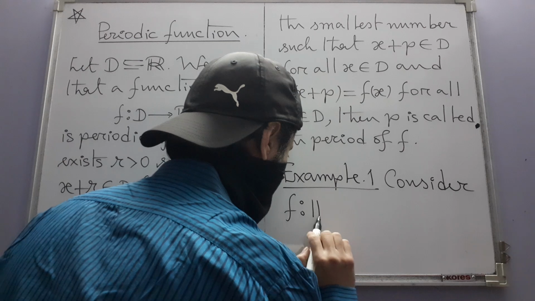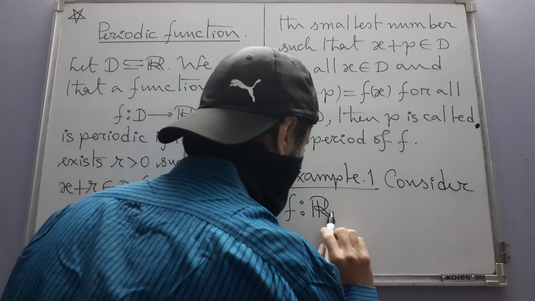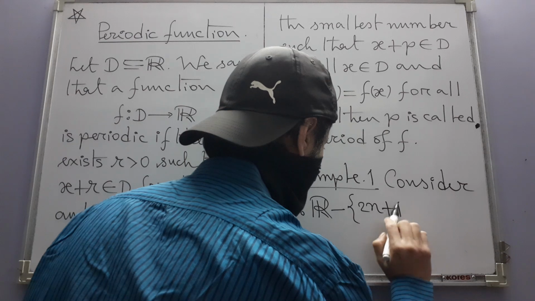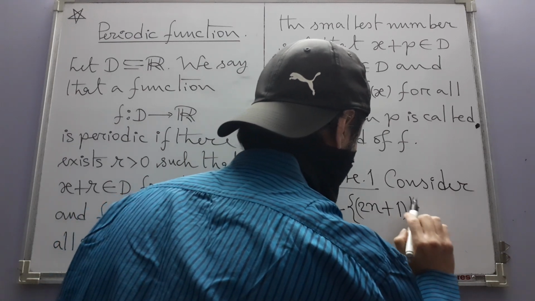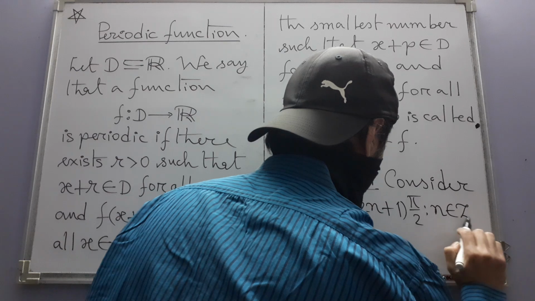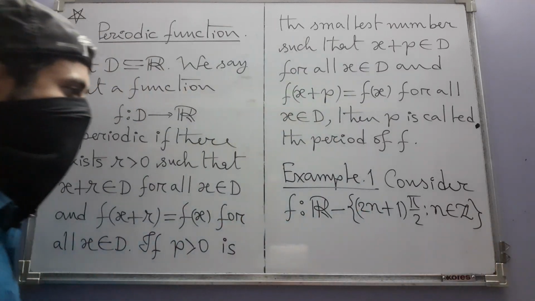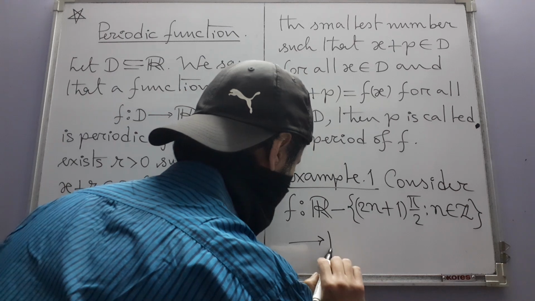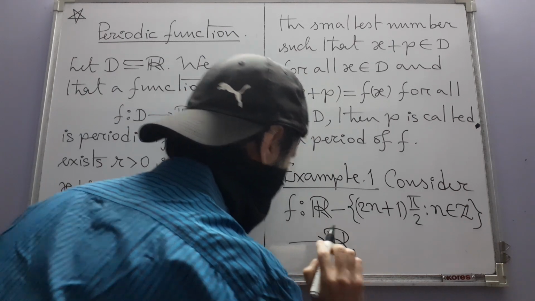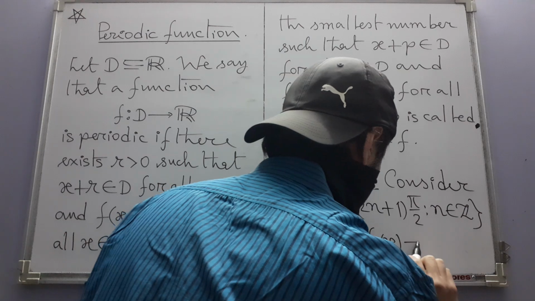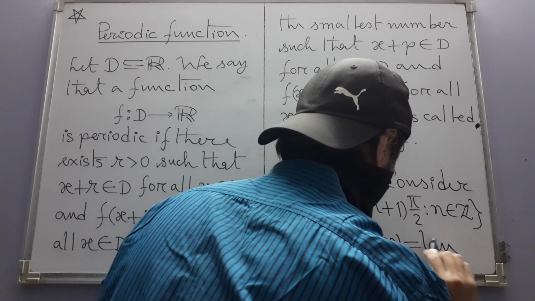So the domain here is this. From the set of real numbers, we remove those points. And f of x is of course our tan x.